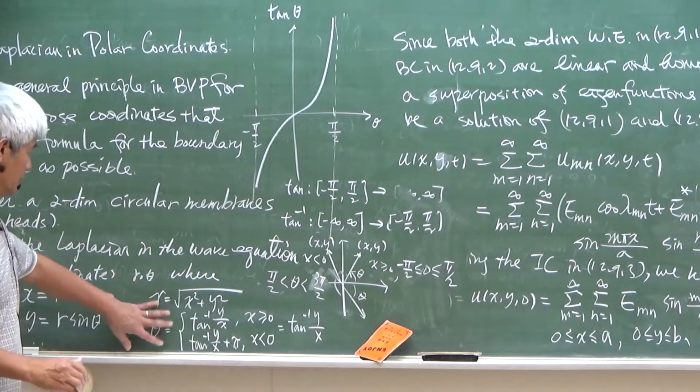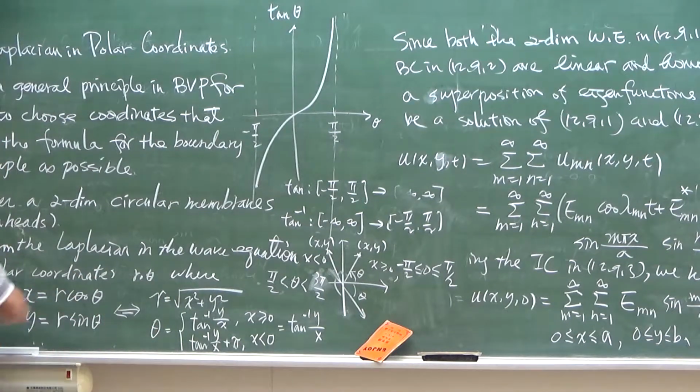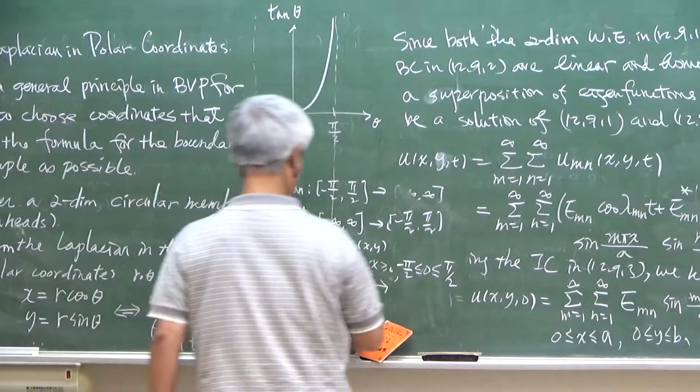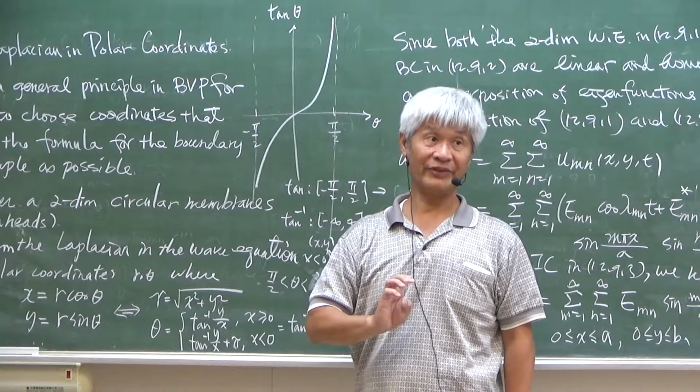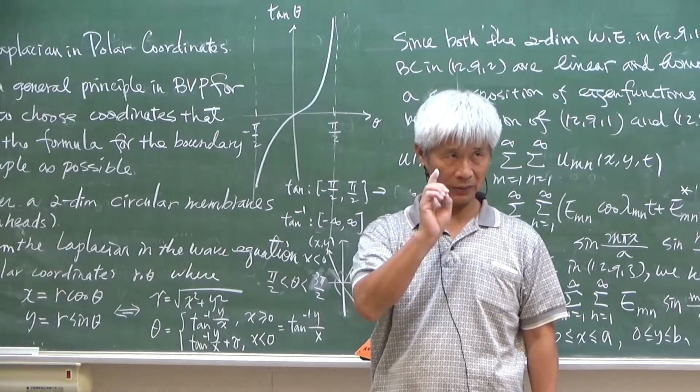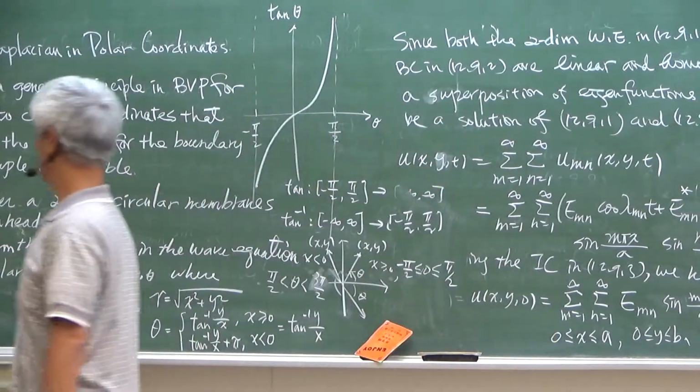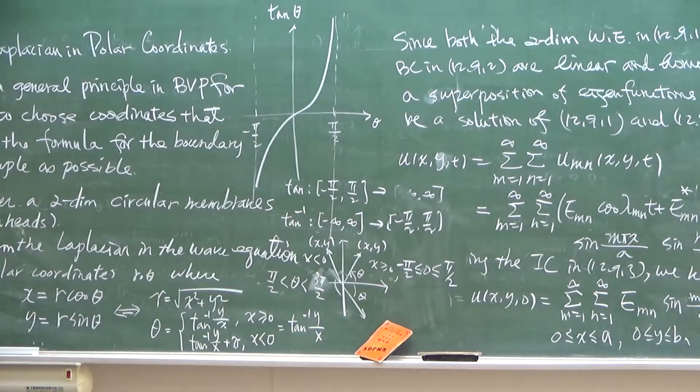Basically you have that, except at the origin. At the origin, r equals 0, but theta can be any value. So this is the only point you have to be careful about. Otherwise, polar coordinates are very good.